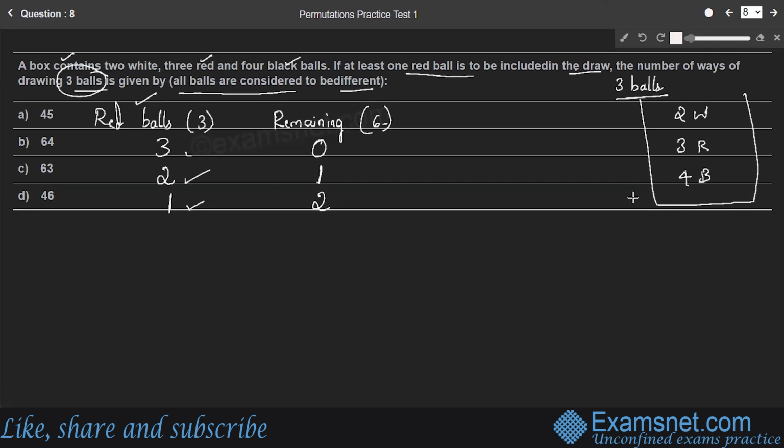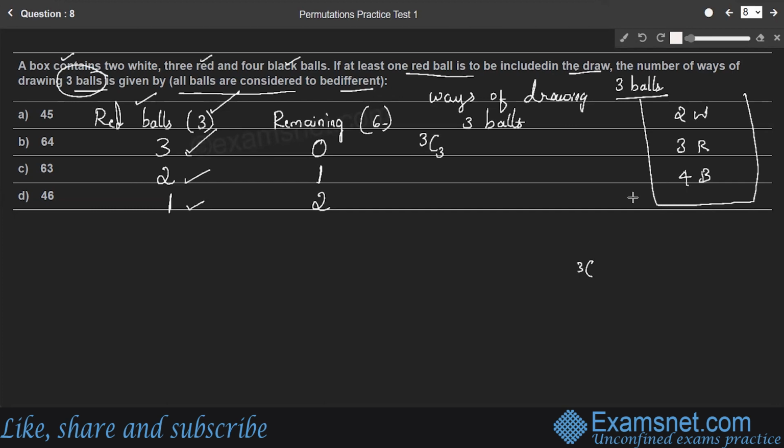Right? Therefore, we'll consider ways of drawing 3 balls. Ways of drawing 3 balls is equal to, so out of 3 red balls, if we have drawn all 3 red balls, there are 3C3 ways of drawing red balls. What is the value of 3C3?